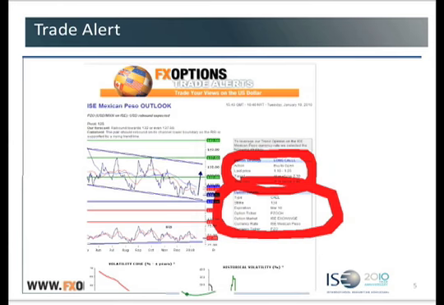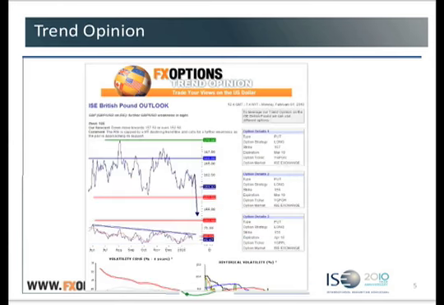On the next slide, the second one is the FX option trend opinion. So it's just a trend opinion. We don't list the opinion in your profit and loss report. In this FX trend opinion, we propose the 3 most appropriate options, and this report is released every Monday.